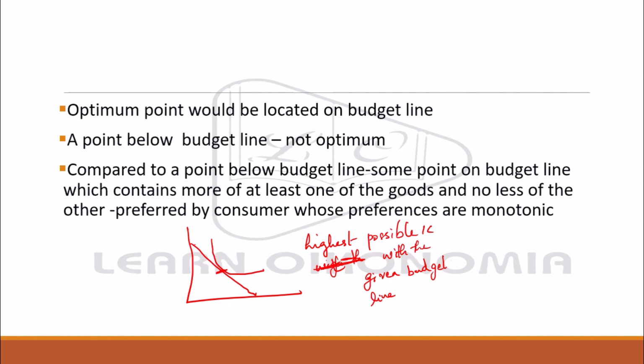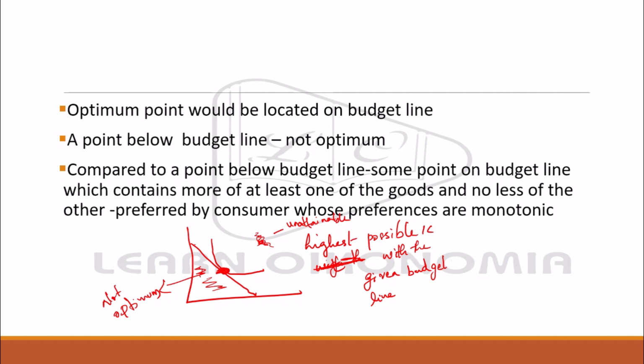So this is the optimum point. If you are considering any point somewhere here, this is not optimum. And if you are considering some point somewhere here, this is unattainable. Why? Because you don't have that much income to buy more quantities of the commodities to get more satisfaction.